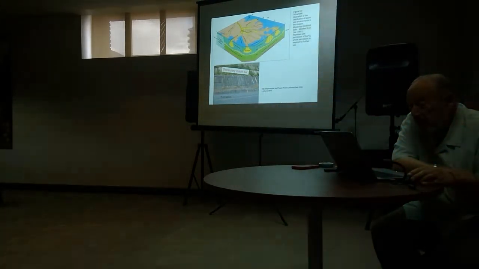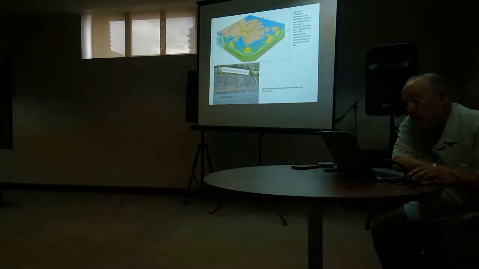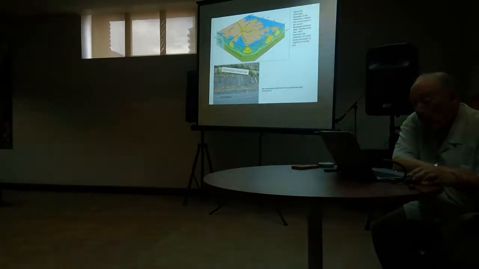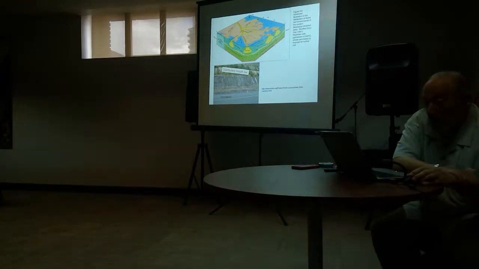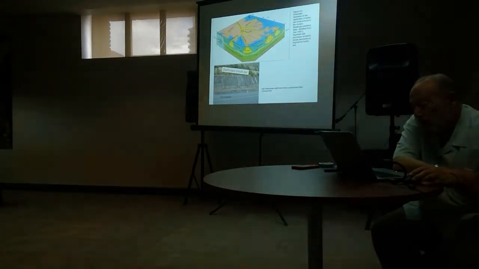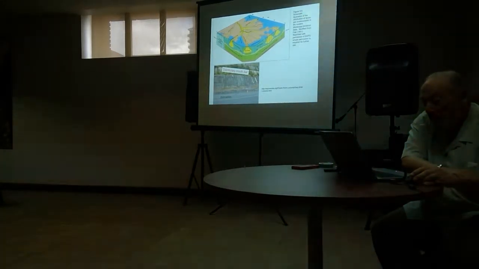You can have some sand on the riverbed as well, but most of the sand accumulates as these bar fingers, or another word for them, distributary mouth bars. That's a more common word than bar finger.